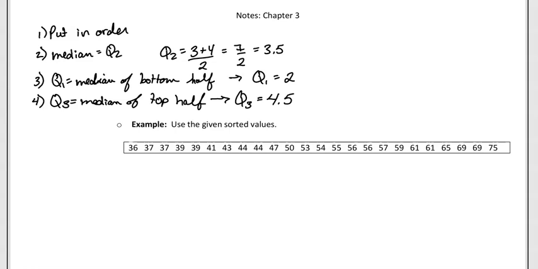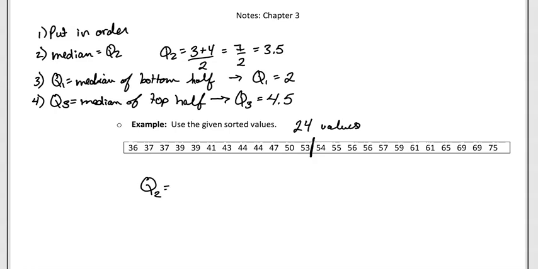We have 24 data values, which means 12 have to live in the bottom half and 12 have to live in the top half. So there's my halfway mark, and I like to draw that out so I can visually see it.